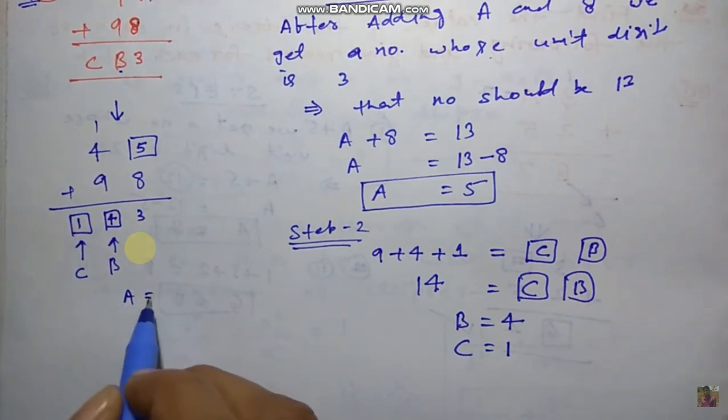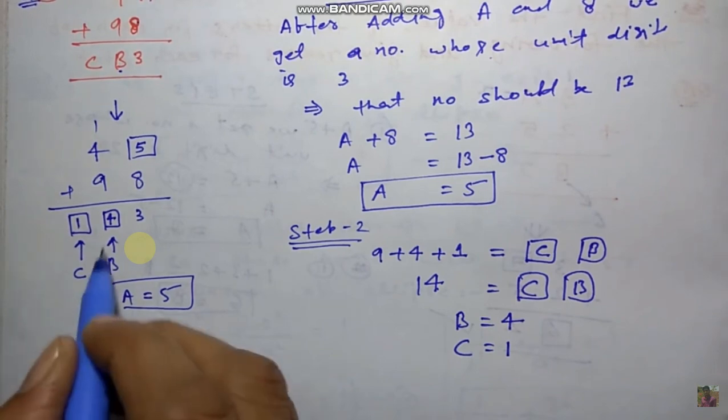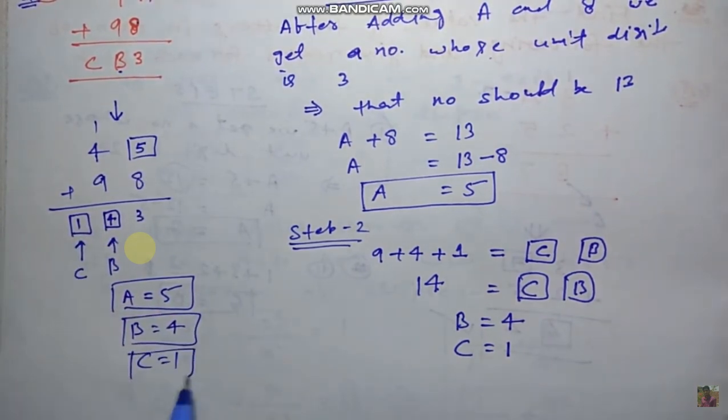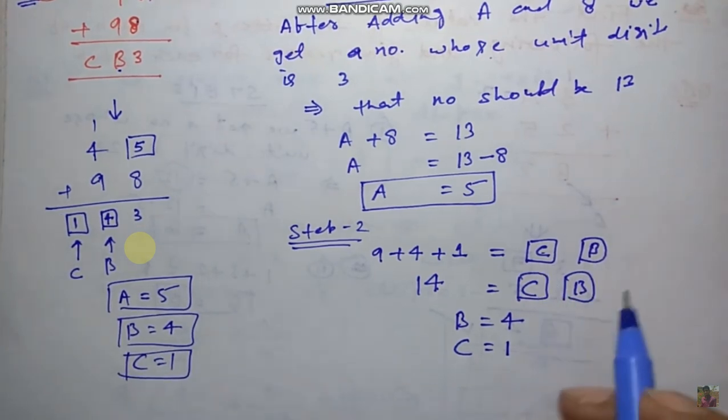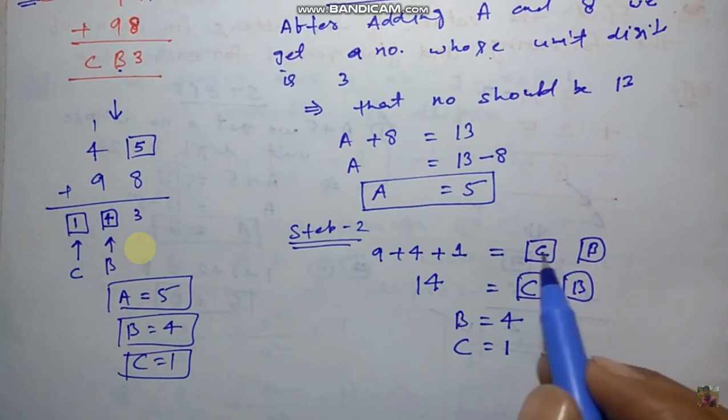So the answer is A equal to 5, B equal to 4, C equal to 1. This is how we solve alphanumerals for addition.